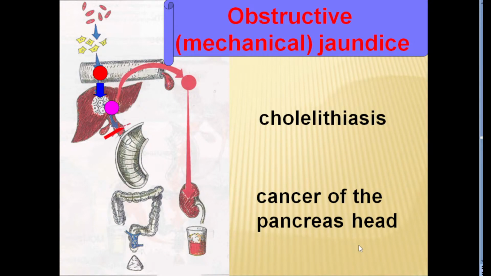But it is held in the liver because the bile duct is obstructed due to inside or outside compression. As a result, the process of destruction of erythrocytes continues. As a result, the liver is overfilled with bound bilirubin because bile cannot be evacuated.